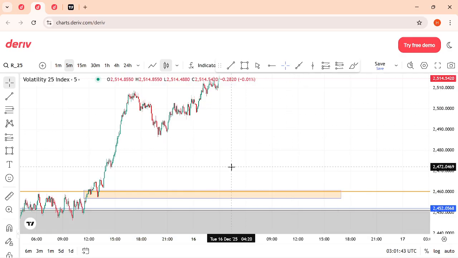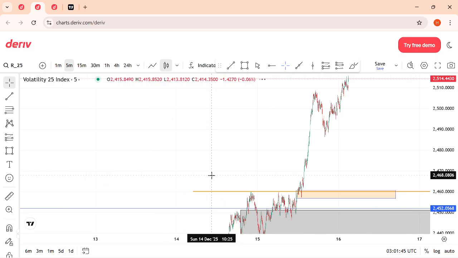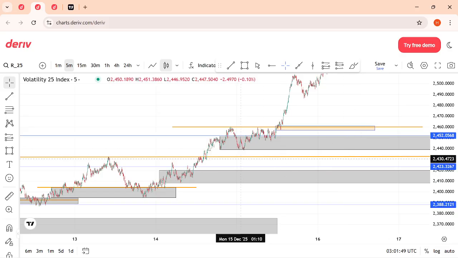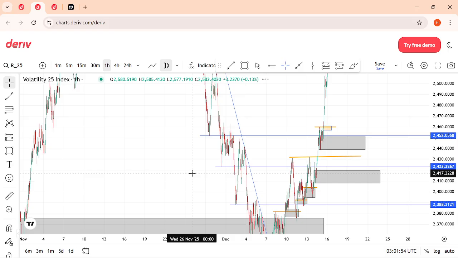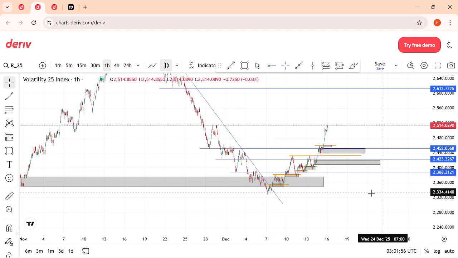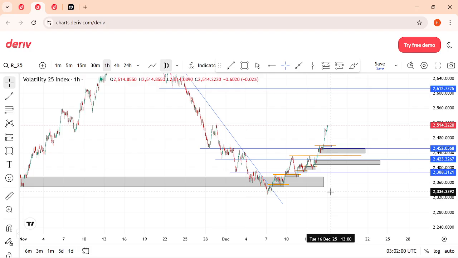So I think this is what we have for volatility 25, and let's see how price reacts. That'll be all for now, guys, and you can make use of this information in whichever way you'd like to, and I believe you should be profitable from it on your next trade.